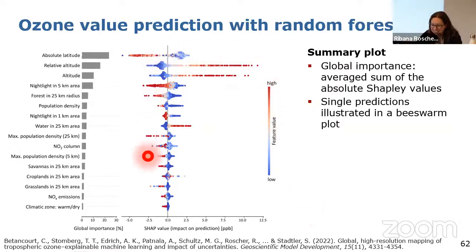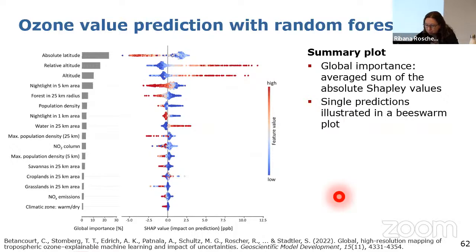So this part here reveals the contribution of features to the prediction. Let's have a look at the first row. In the first row, you can see that the absolute latitude value leads to an increased ozone value prediction. That's why it's indicated if it has a low value or a high feature value.